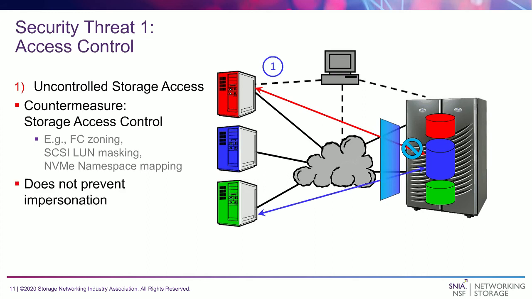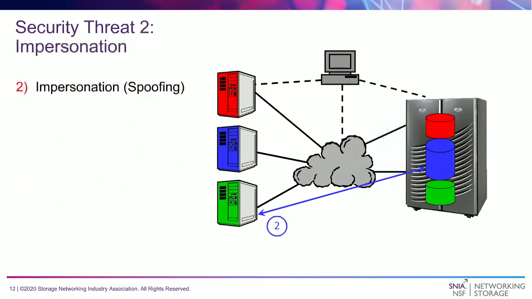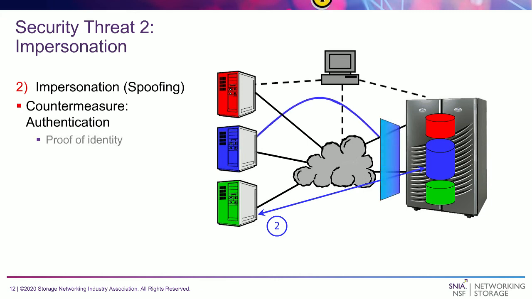The fundamental problem of this, it does not prevent impersonation. The green server can still lie and say, I am the blue server, please give me access to the blue storage, and that will happen. To deal with impersonation, security threat 2, we need another tool. We need authentication. We need basically to provide each server with a proof of identity.